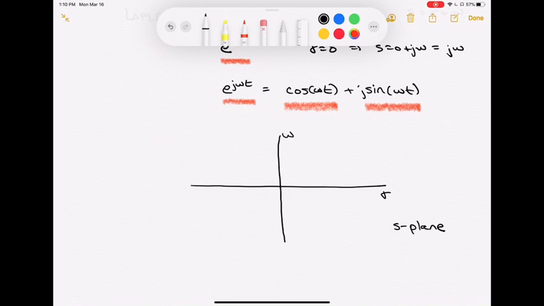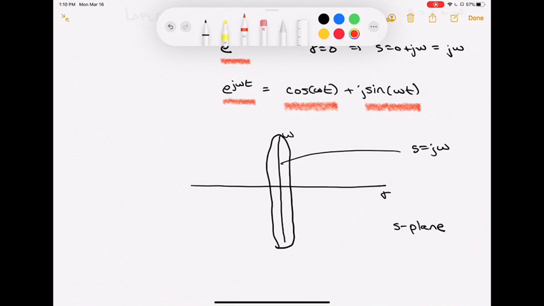So when I let S equal j omega, when I set that real part equal to 0, what that is really doing, if I take a look at where that is in the complex plane, it's right there along the omega axis. So in this case, when S equals j omega, that in the complex frequency plane is right along that imaginary axis, along the omega axis.